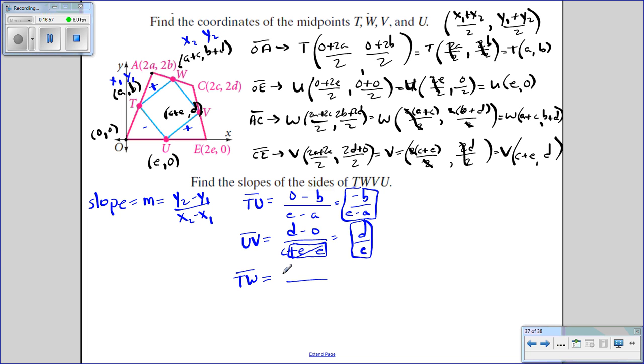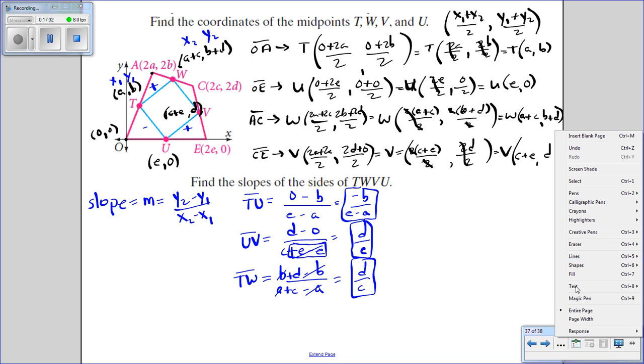Y2, so I have B plus D minus y1 is B. And let's do the bottom. X2, which is A plus C, minus X1 is A. Let's simplify the top. The B's will cancel, leaving you with D. And over here, the A's will cancel, leaving you with C. So that's the slope of TW.